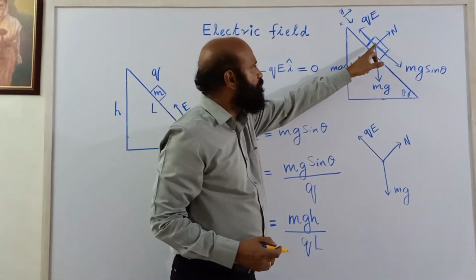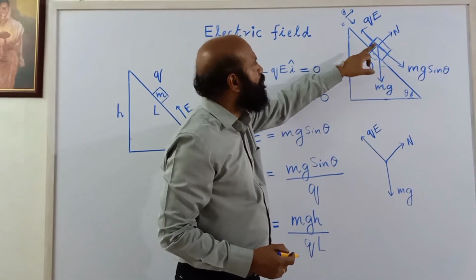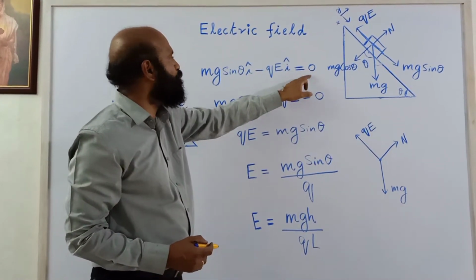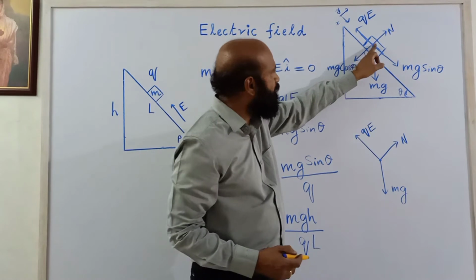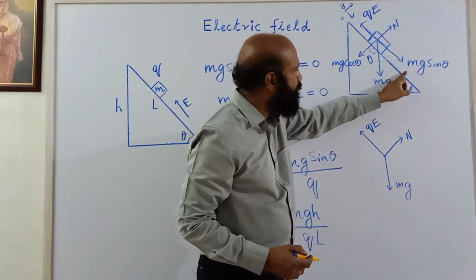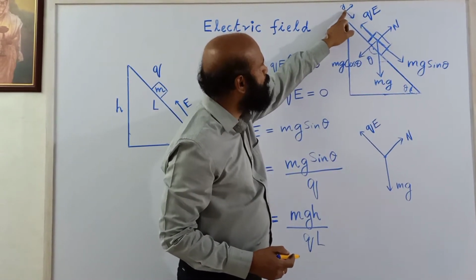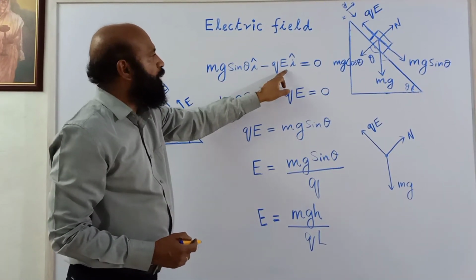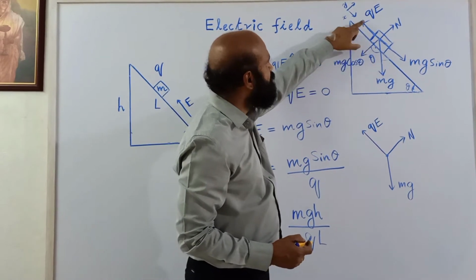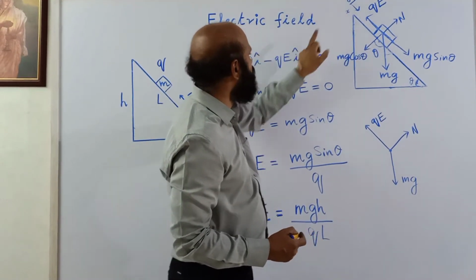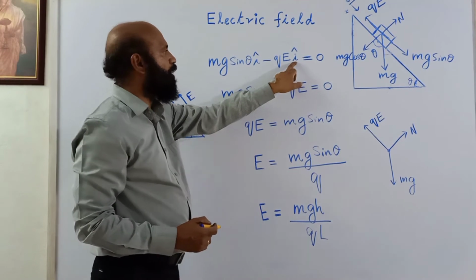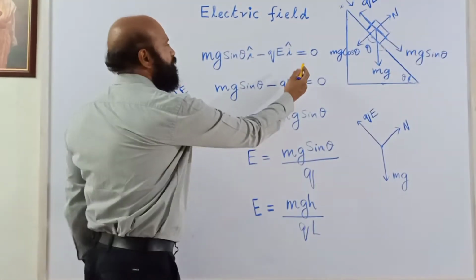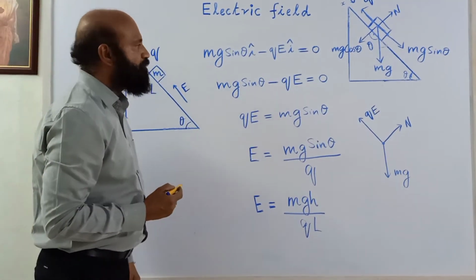Body is at rest, so the total force acting along the x-axis should be 0. mg sin theta is acting in the downward direction, so it is along the positive x-axis, so it is i cap. Force due to electric field is acting along this direction, that is along the negative x-axis, so negative i cap. Since the body is at rest, net force is 0.